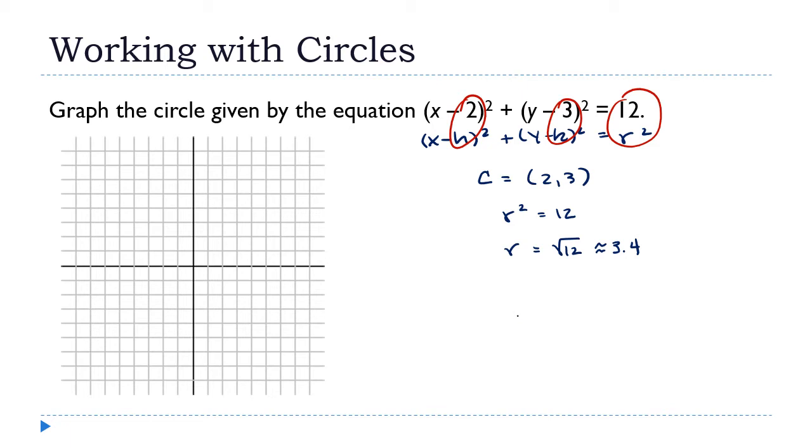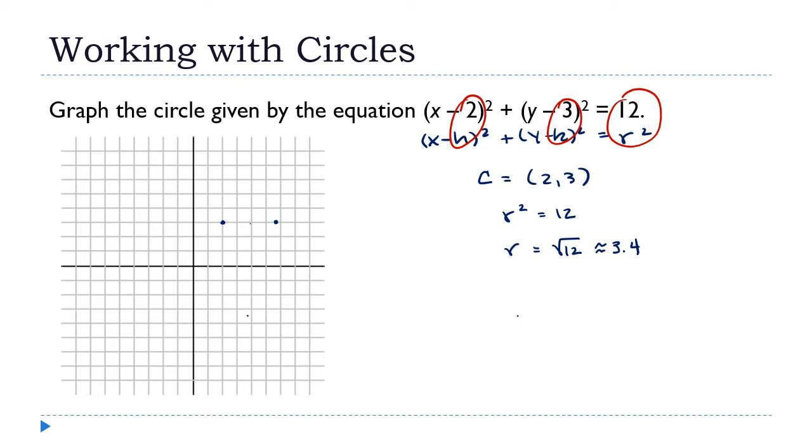All right, so now how do we do the graphing bit? Well, first, I'm going to go to the center. That's over 2 and up 3. That's right there. And I know what my radius is. It's 3.4. So in the end here, we're going to have to freehand a circle, which can be a little tricky for some people. But what I'm going to do is say, look, the radius is 3.4, right? So I'm going to go 1, 2, 3.4 to the right of the center.